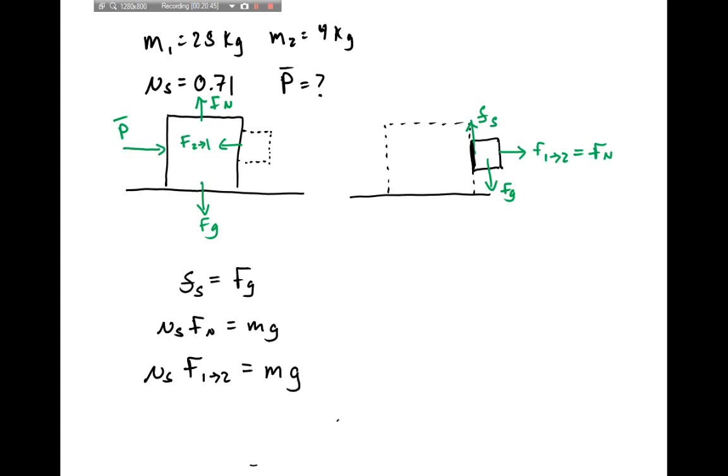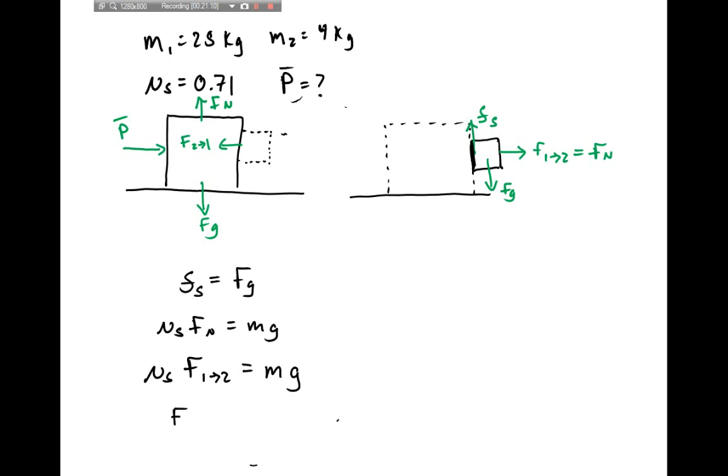So now I could solve for the force that box 1 exerts on box 2. And once I know that force, I can use Newton's second law to figure out the acceleration of this box. And once I know the acceleration, I can then use Newton's second law again on this whole system to find the net force that we have to apply.